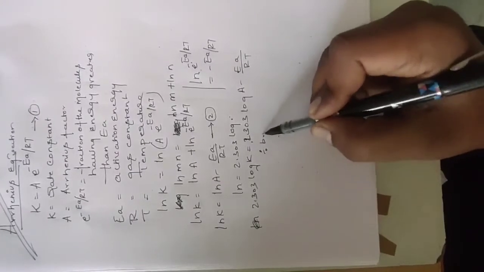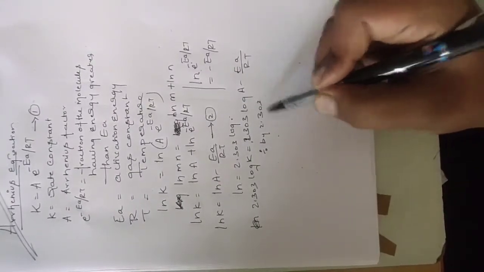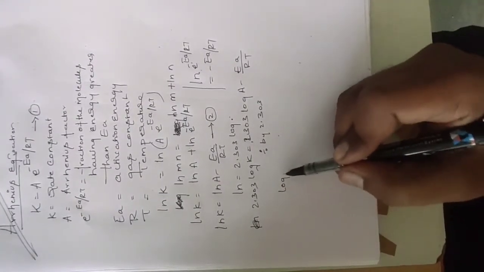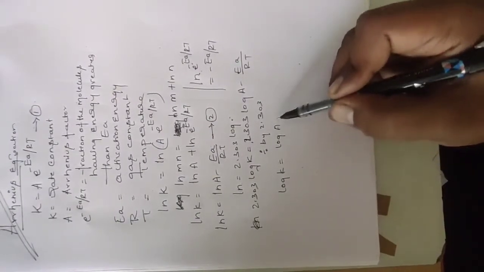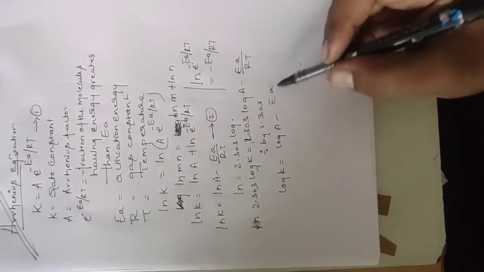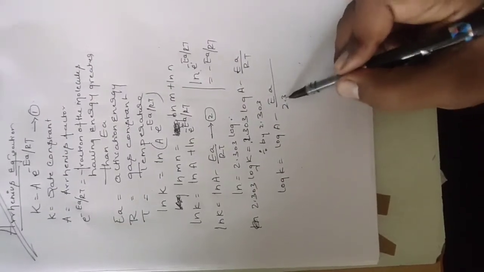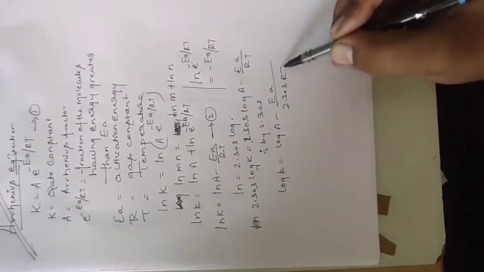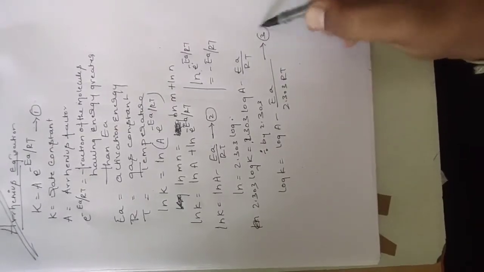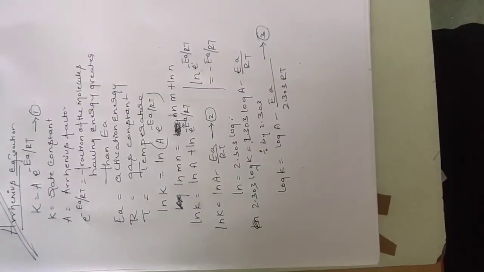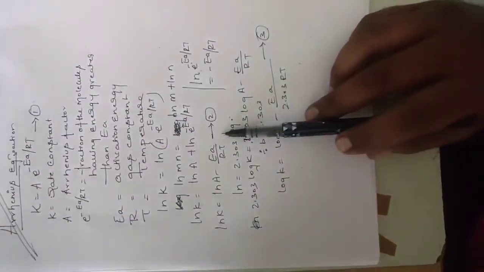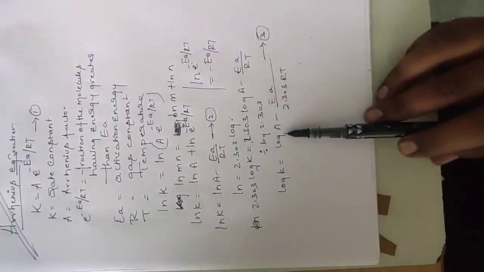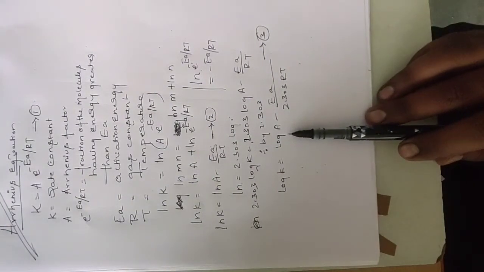Dividing by 2.303, we get log k equals log A minus Ea by 2.303 RT. It is equation number 3. Very, very important: the first equation is in exponential form, the second in ln, and the third in log. Do you understand here?